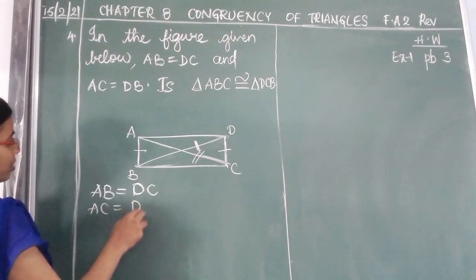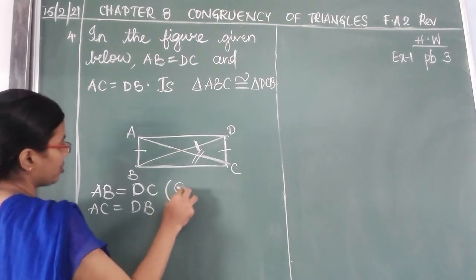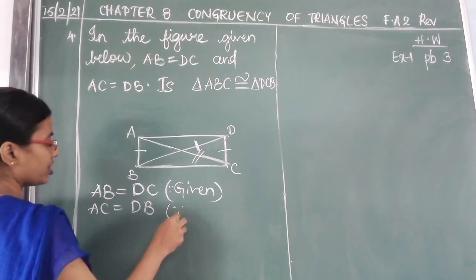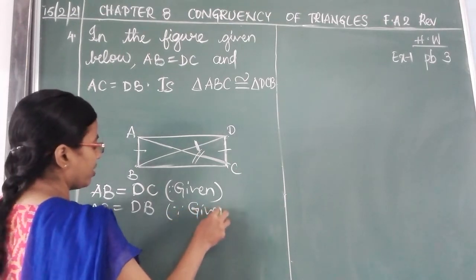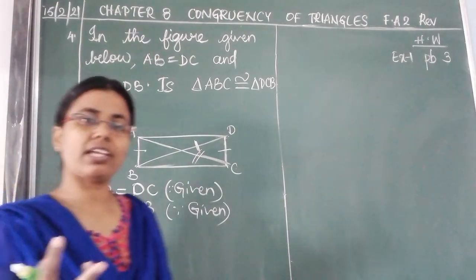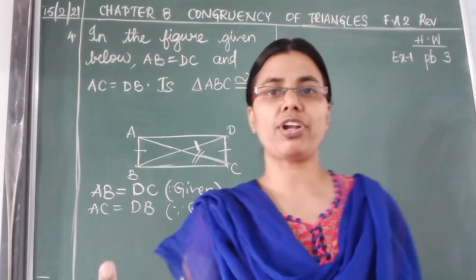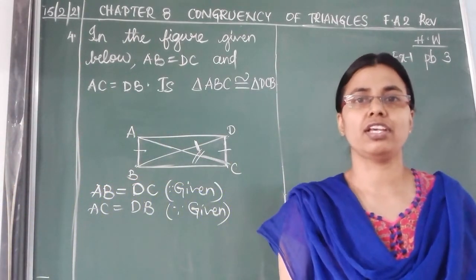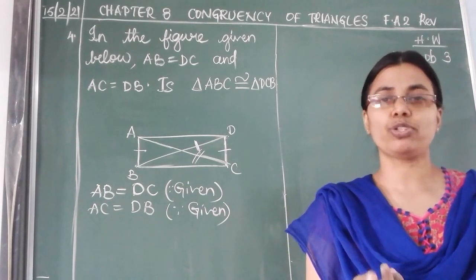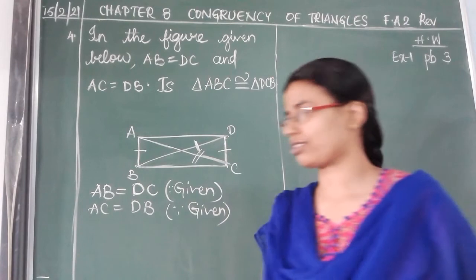AC is equal to DB. How do you know this is given? These two conditions are given. So here you can see that two sides of a triangle are equal to the corresponding two sides of the other triangle. So you are left with only one side, and that side also will be equal. It's very obvious.